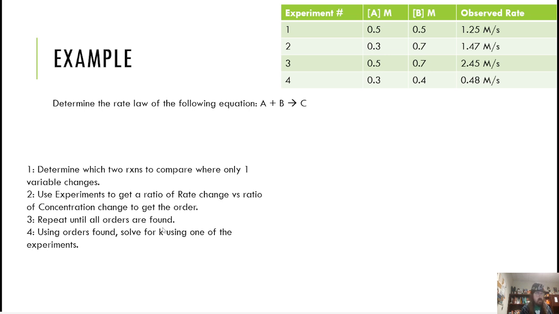So I think this is the last slide. We'll look at this. We have a reaction A plus B goes to C. Not that we need this, because the rate law doesn't have anything to do with this.